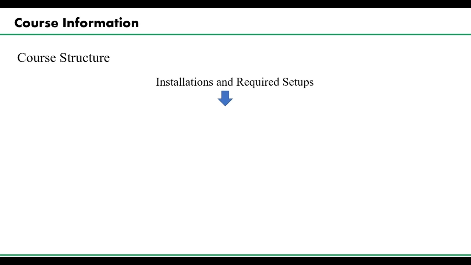Then we have basic concepts about each tutorial that we want to start. And then we have hands-on Git. We go to the environments that you need to work with Git, and I show you how to use different commands in Git. And at the end of each section, you have an exercise and also a summary of that section.